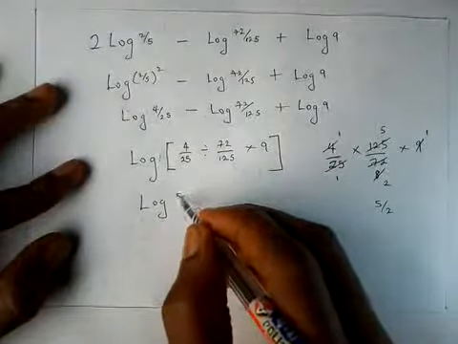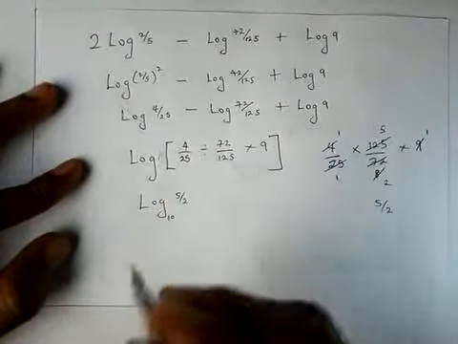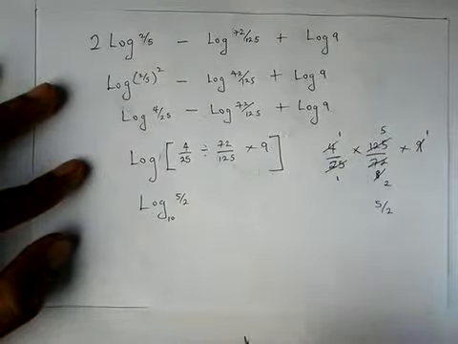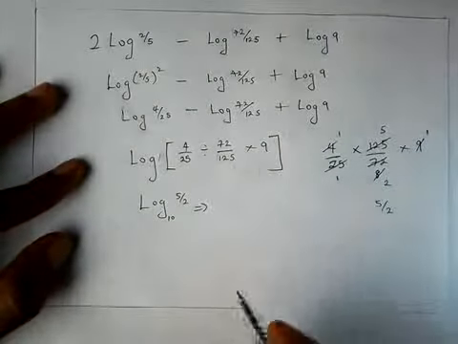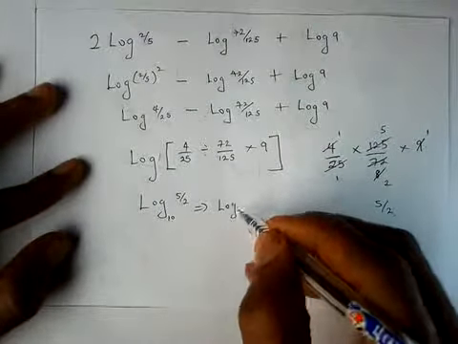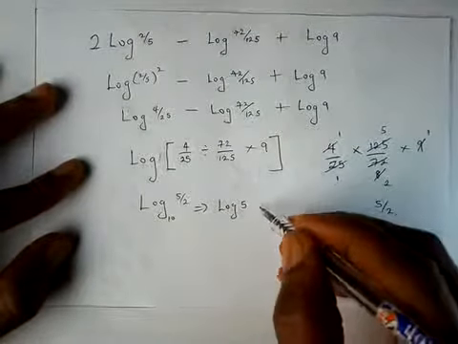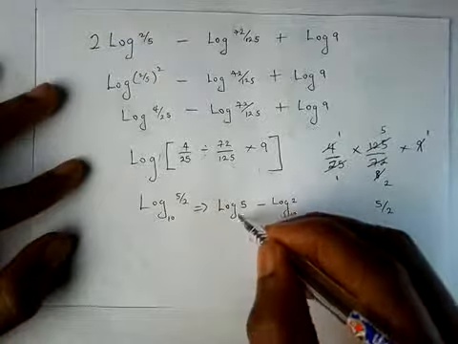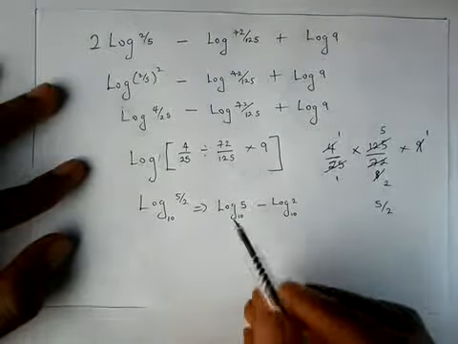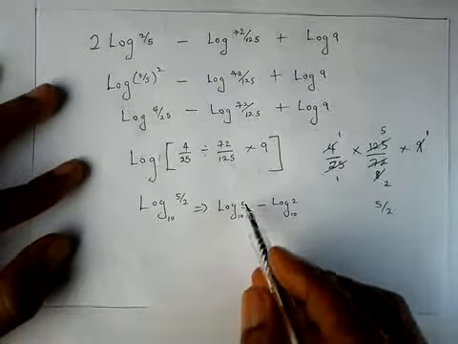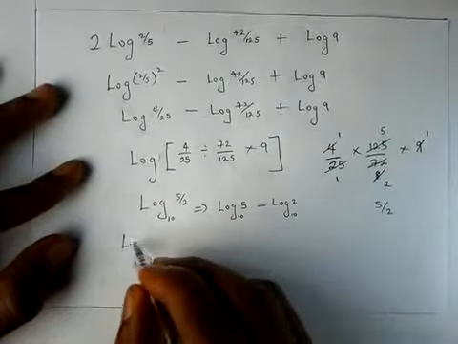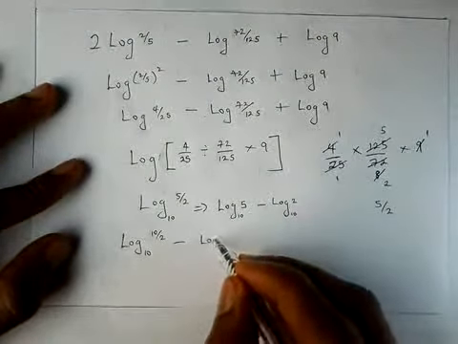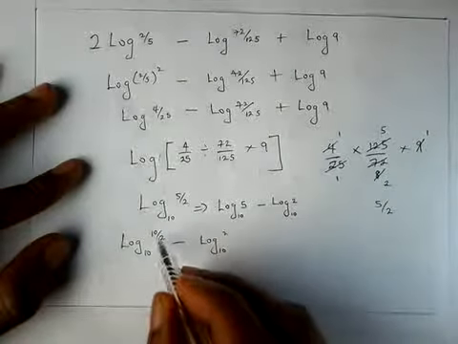Now they didn't leave the answer this way, so we have to simplify further. This is the same as log 5 to base 10 minus log 2 to base 10. Now look critically, 5 is 10 over 2, so this is log 10 over 2 to base 10 minus log 2 to base 10.